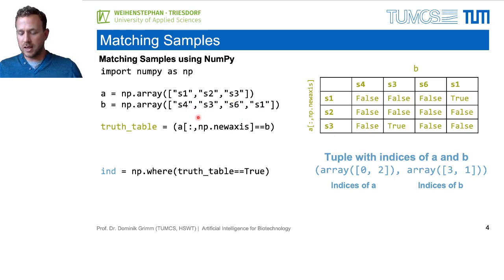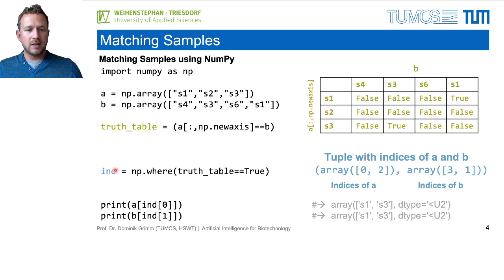So if I now use this index, I can access the first tuple element with 0, and pass this array as an index array using the square brackets to my variable A, and then I get back an array which is S1 and S3.